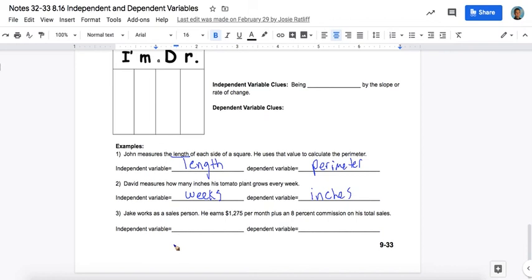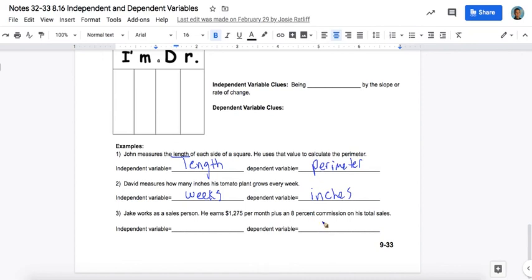Now, number 3, this one's a little bit trickier. Jake works as a salesperson. He earns $1,275 per month plus an 8% commission on his total sales. So commission is basically what you earn in addition to your monthly salary or what you're making.